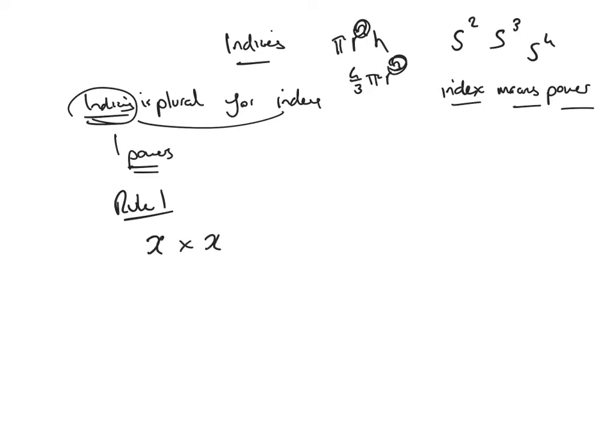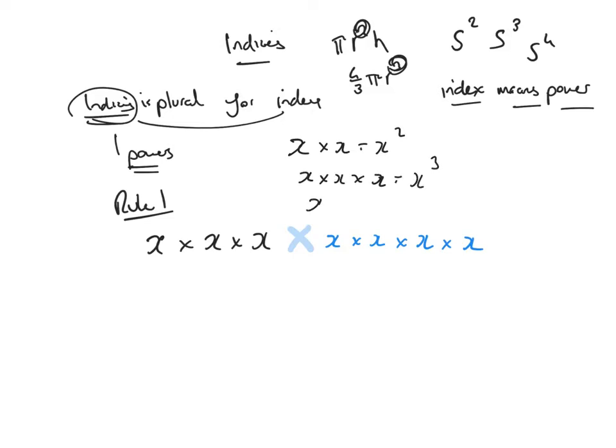Now, if I had x times x times x, and then I multiplied that by x times x times x times x, well, I think you would agree then that we know that x times x is x squared, and x times x times x is x cubed, and x times x times x times x is x to the 4. Well, this one's a bit longer, but x times x times x times x times x times x times x, well, that's 7 times. That would then be x to the power 7.